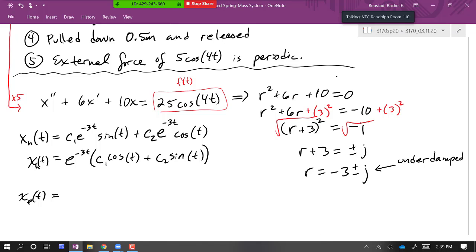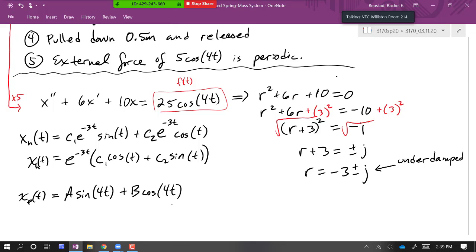A sine 4t plus b cosine 4t. Great. So just a multiple of cosine 4t and a multiple of sine 4t. We're not in a situation where either of these parts is included as a part of the solution to the homogeneous.